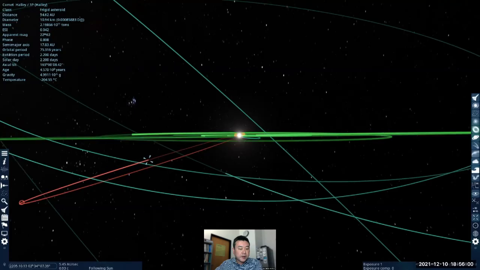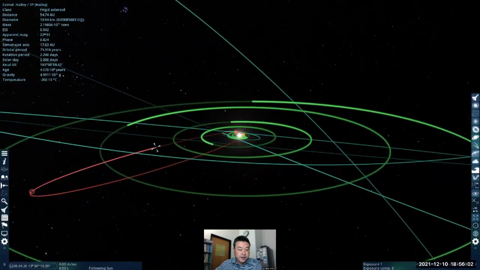So it becomes visible to us when it comes near the sun, in the inner part of the solar system.